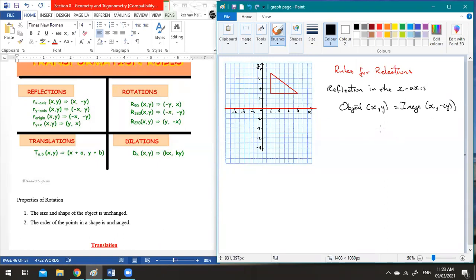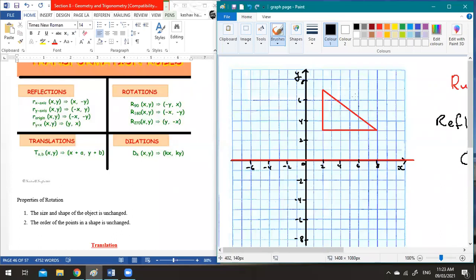So that's the rule, right? So what does that mean? So if this red line is the x-axis, this point here, let's call them A, B, and C. The point A is 2 on the x and 3 on the y.